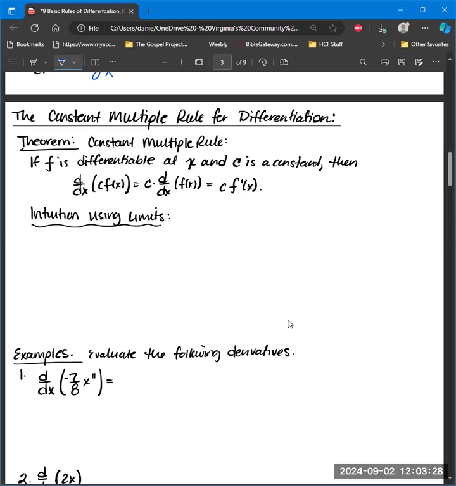So intuition using limits, y equals c f of x, applying the limit definition of the derivative.